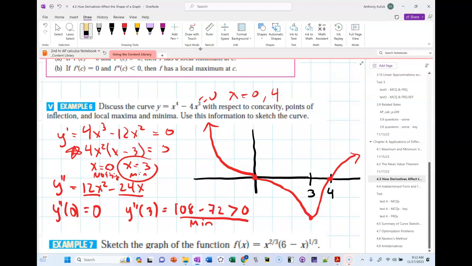At the left side over here, because it was decreasing. If I plugged in a negative number into here, I get a negative number. So anything less than 0, if I plug into the second derivative, gives me a negative, so I know it's decreasing the whole way. Is that okay? You did a negative number.